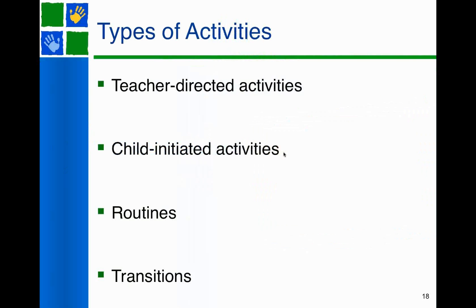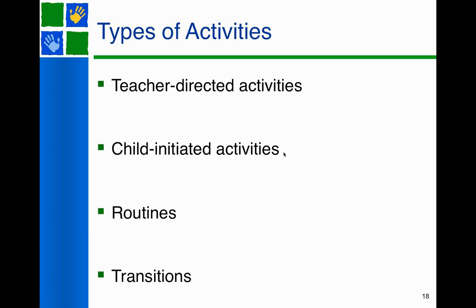We're aware of at least four different types of activities that we can analyze further and think about in terms of your daily schedules in the classroom. And thinking about the activities and activity characteristics and demands, we can think about teacher-directed activities, which are defined as activities, of course, that primarily are led by the teacher.